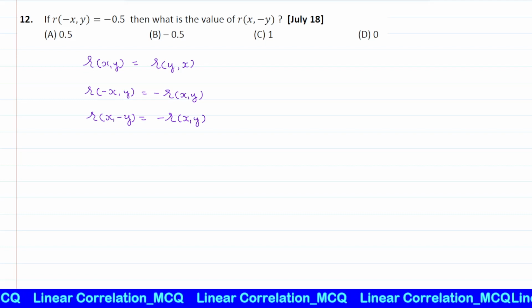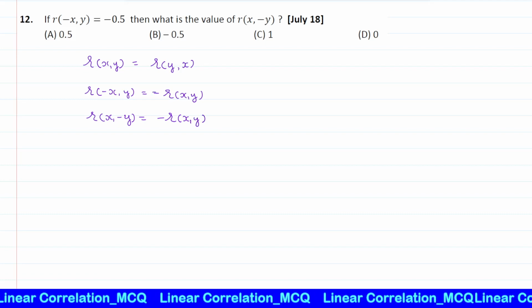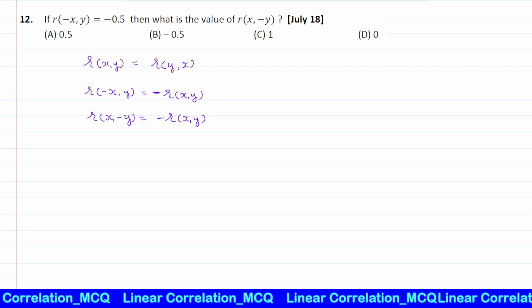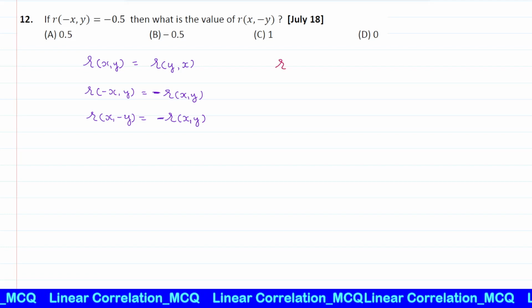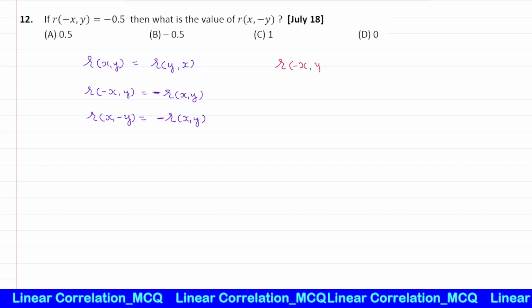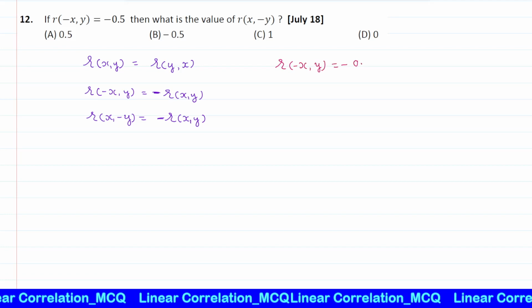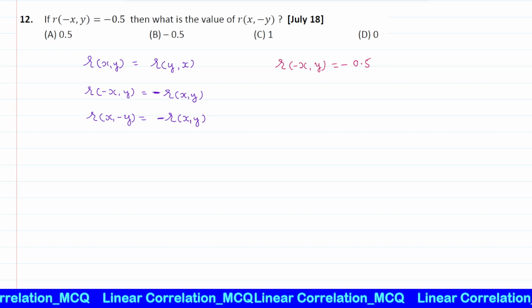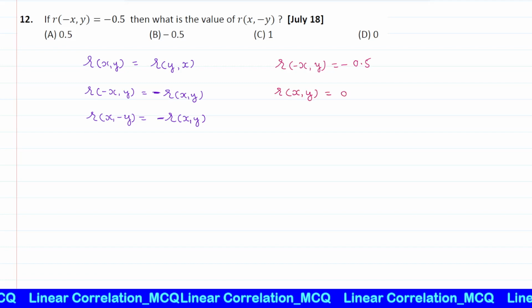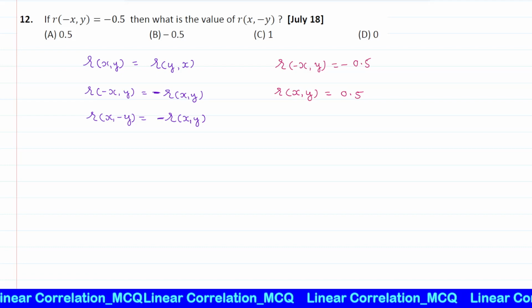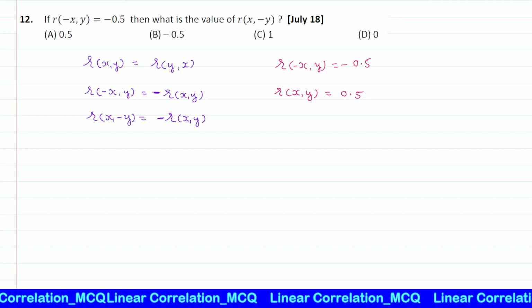That means if we change the sign of one variable, r becomes negative. Here r of (minus x, y) is minus 0.5. Try to understand, what is the original value of Rxy? It should be 0.5, because r of (minus x, y) equals minus 0.5.